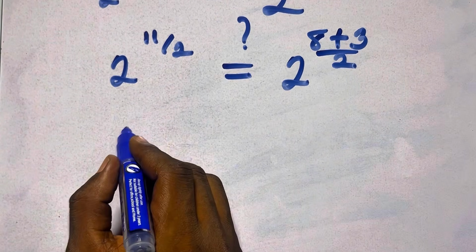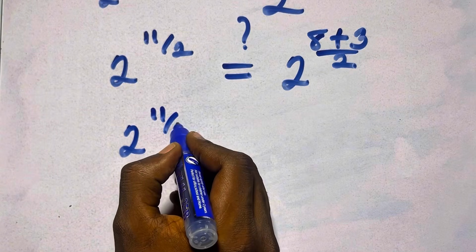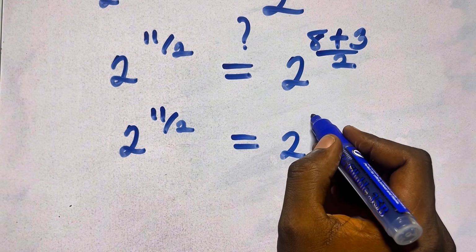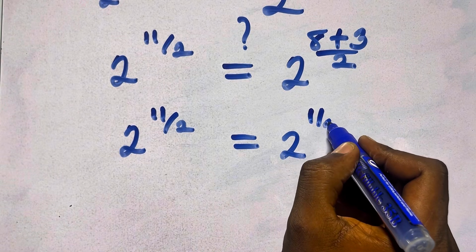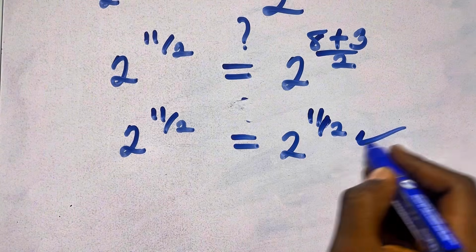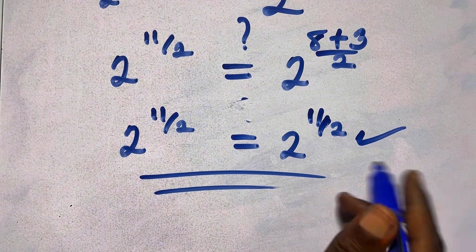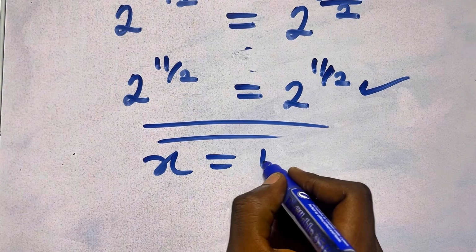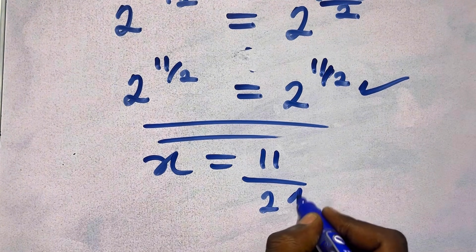Then we have 2 raised to the power 11 divided by 2 equals 2 raised to the power 11 divided by 2. So you see that this is valid, and our x equals 11 divided by 24.